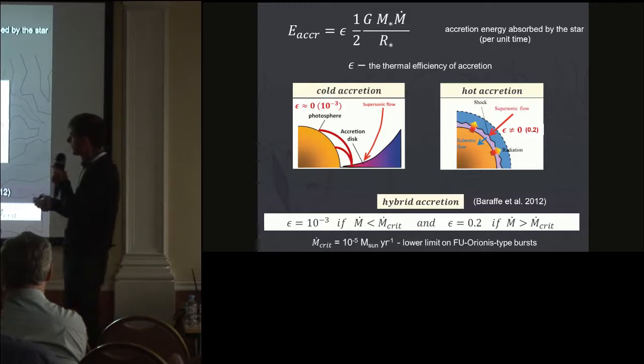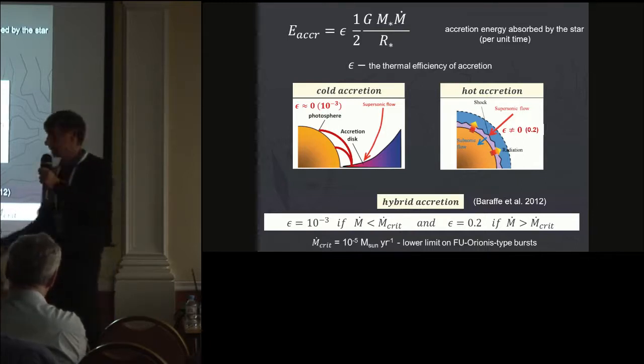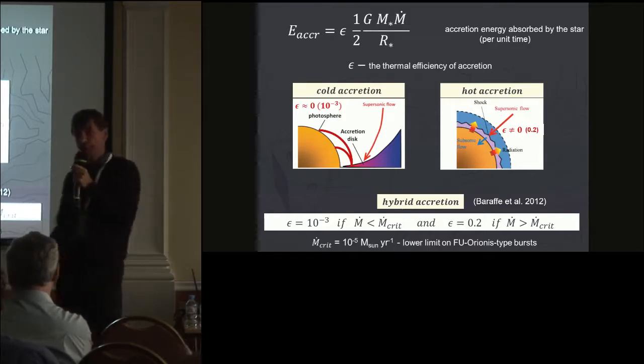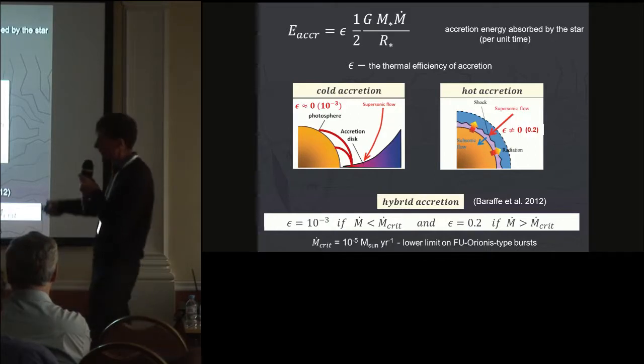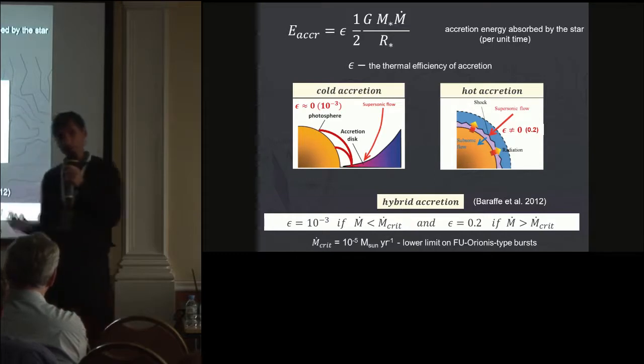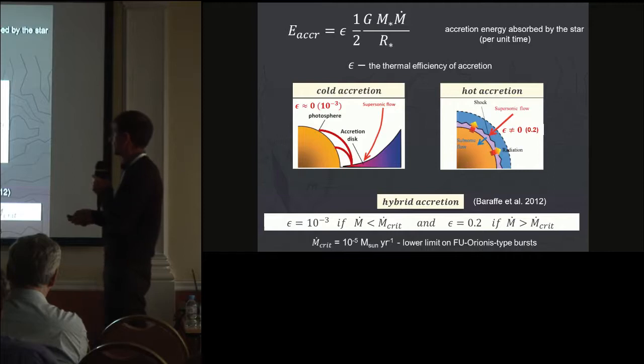These two limiting cases can be interpreted like this: if there is a low mass accretion rate, then the matter will be accreted through magnetospheric tubes. That means that the area covered by these magnetospheric tubes is much, much smaller than the total area of the star, and that means that this energy can be easily radiated away.